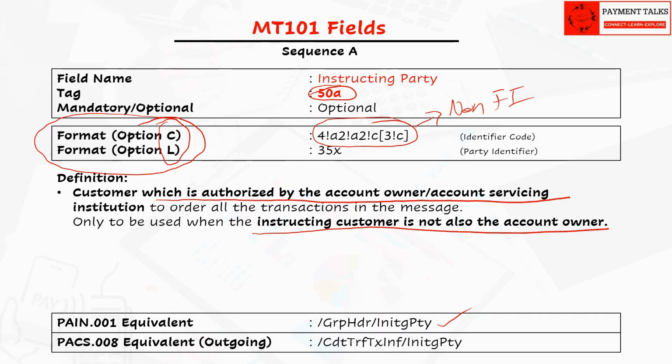Option L, party identifier, is basically a name or any identification that can be recognized by the debtor and debtor agent. Here it is account owner or ordering customer and account servicing institution. Remember the tripartite agreement concept? This is the same. This field can be mapped to the initiating party field in PACS.008.